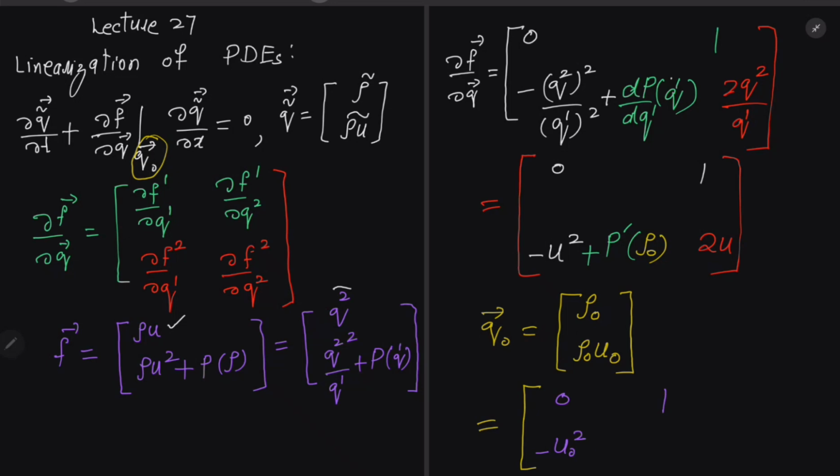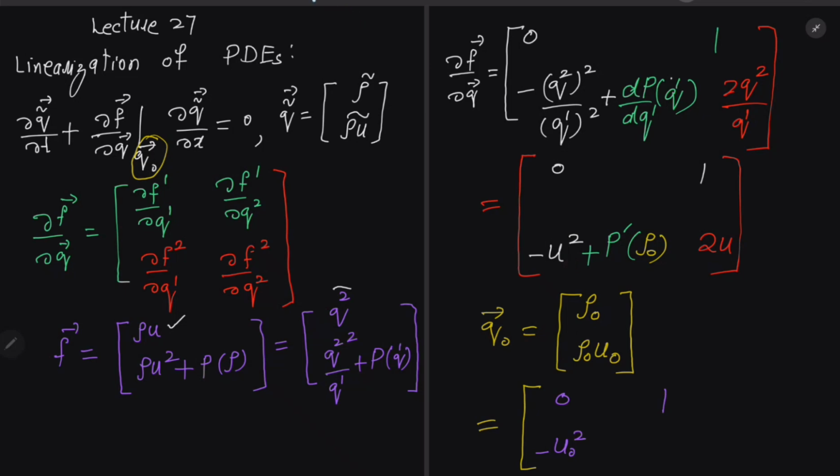You can keep it like this: you put q naught over here, minus q2 naught whole square divided by q1 naught, then you get minus u naught square. It is similar to what we are doing over here.